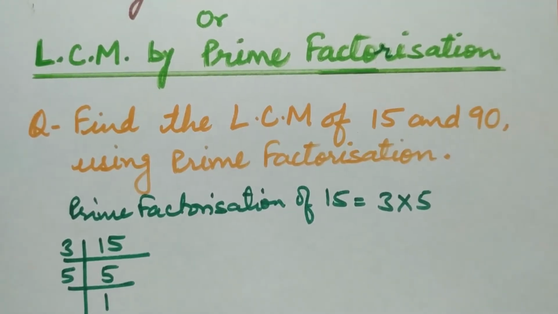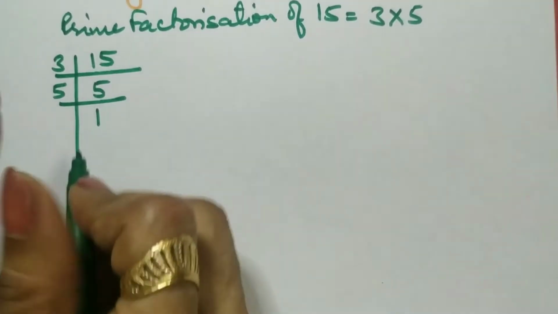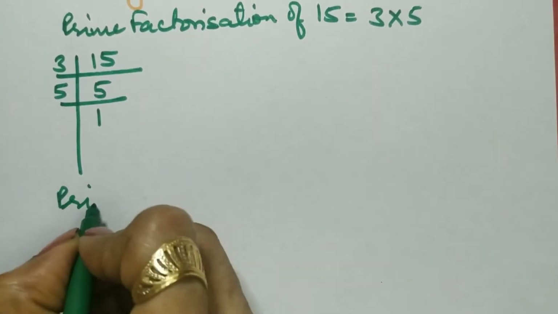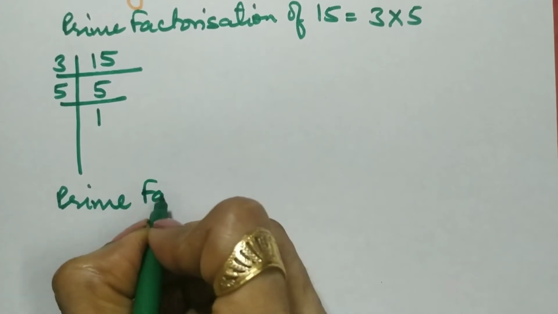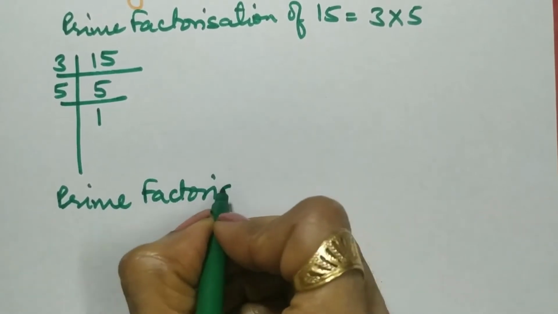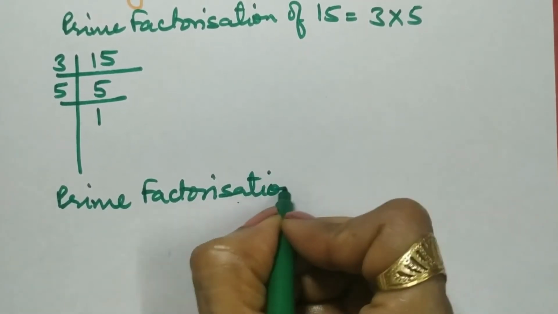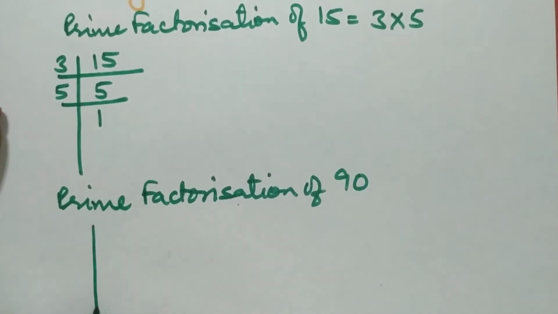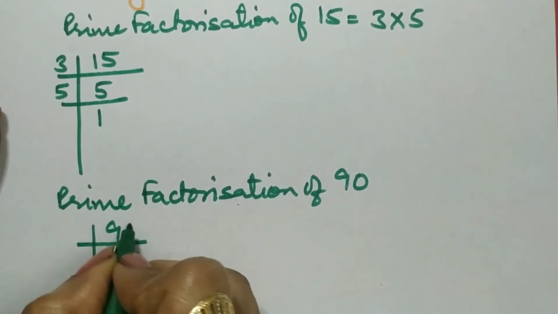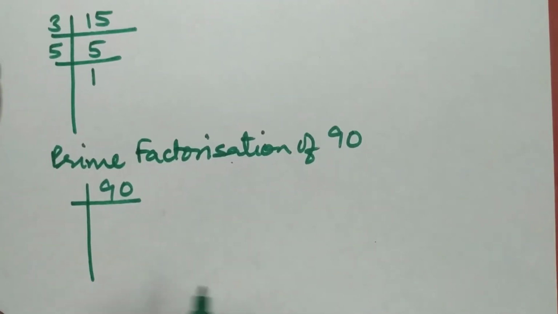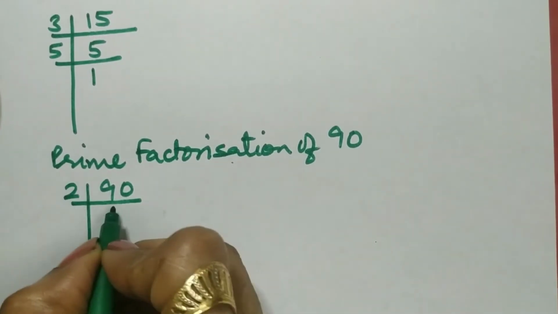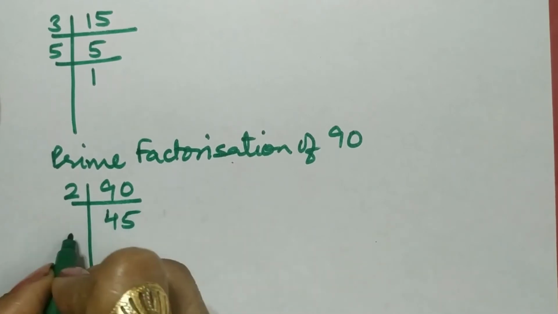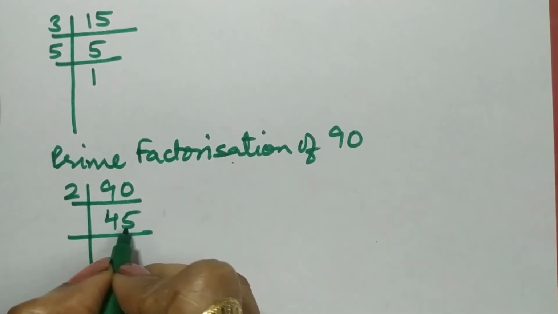Now, next step, you have to find the prime factorization of 90. For that, again make a pattern like this. It is an even number, so it is divisible by 2 itself. 2 4s are 8 and 2 5s are 10. Now it is an odd number, it is not divisible by 2.